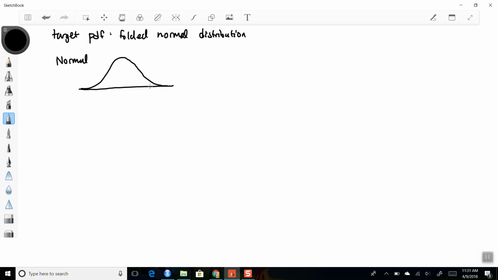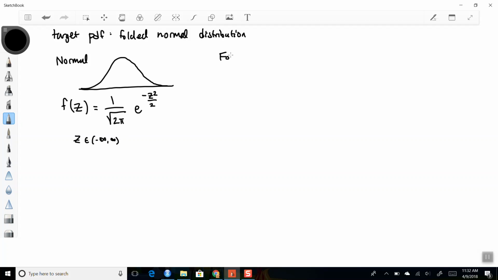And the PDF for the standard normal is 1 over root 2 pi e to the negative z squared over 2, and z is on the interval negative infinity to infinity. Okay, so that's the normal PDF.